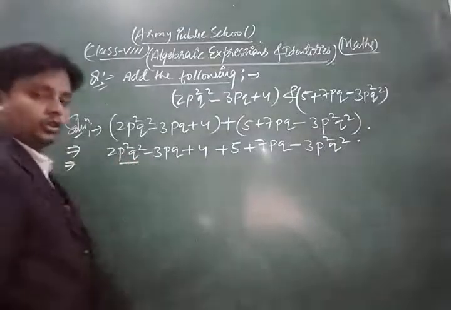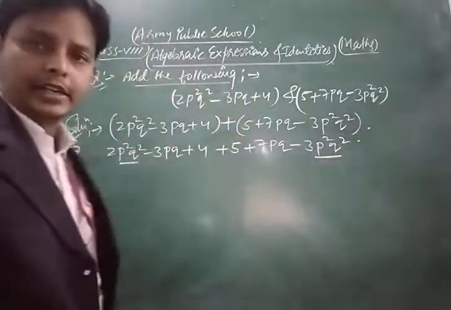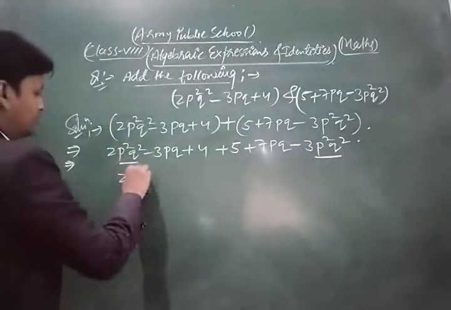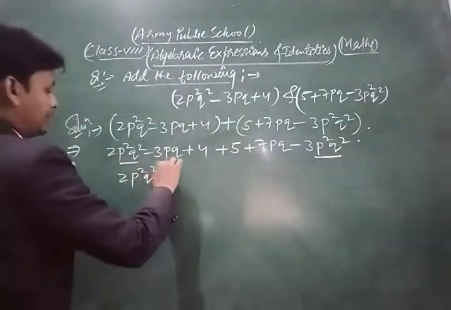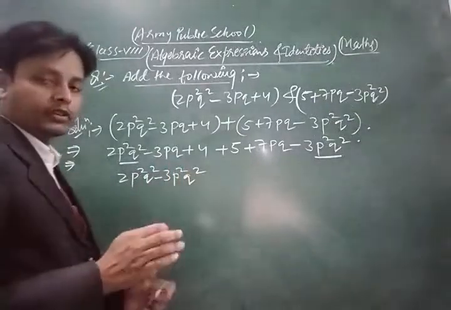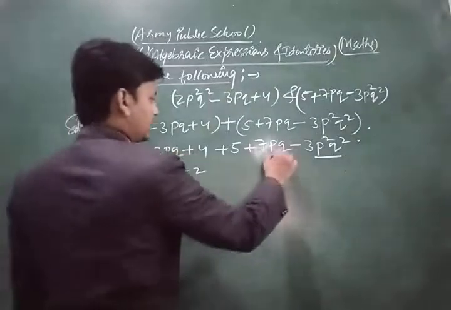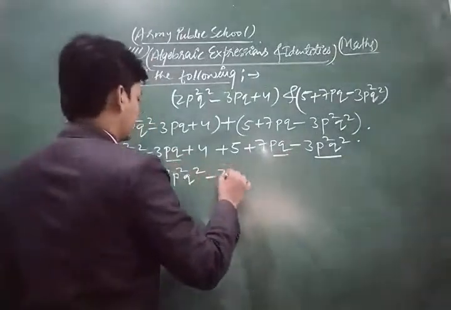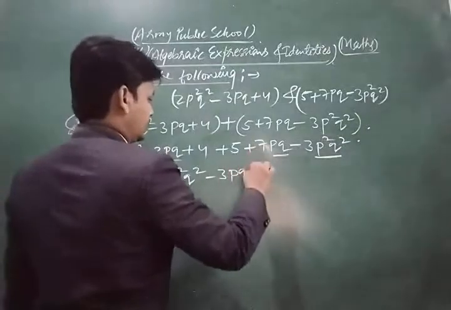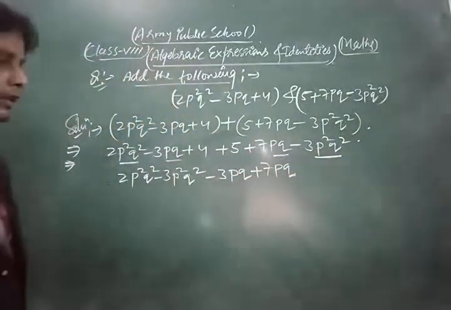Now first of all we collect the like terms. Look, p square q square is here and p square q square is there, so we take them together: 2p square q square minus 3p square q square, because these are like terms. Similarly this is pq, this is also pq, so minus 3pq and plus 7pq we take together.